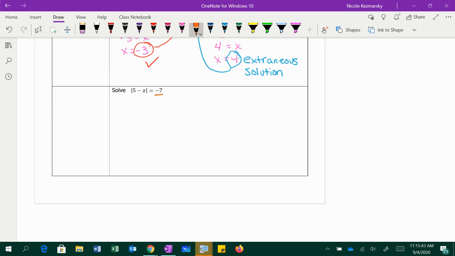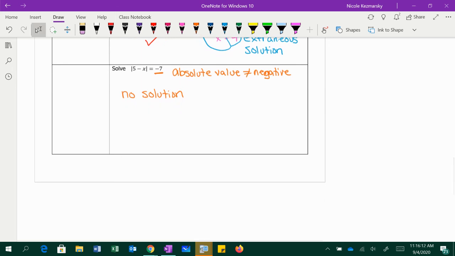So because this is a -7, we can say absolute value cannot equal a negative. So we don't even have to bother trying to solve this. This one is not a possible problem. So we're going to say no solution. And that is solving absolute value equations, part 1.